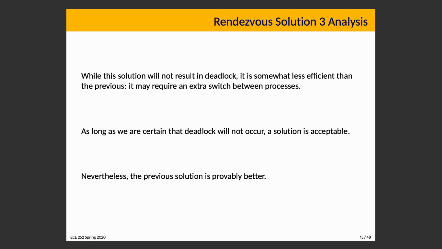As long as you're sure that deadlock doesn't occur and the objective is achieved, so it does provide the rendezvous behavior that we're looking for, then in this course, I consider a solution to be acceptable. It does not have to be an optimal solution, it just has to be a correct solution, and that is okay.